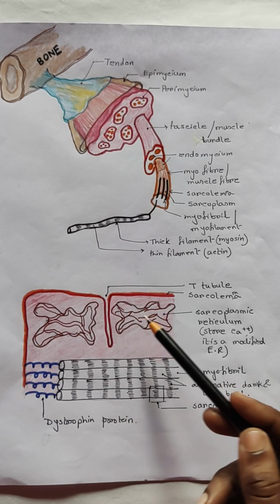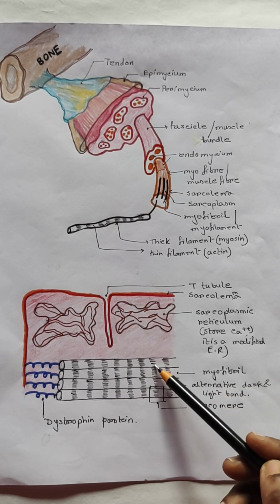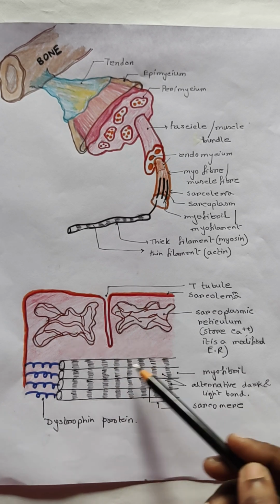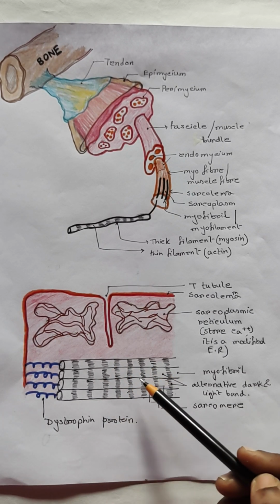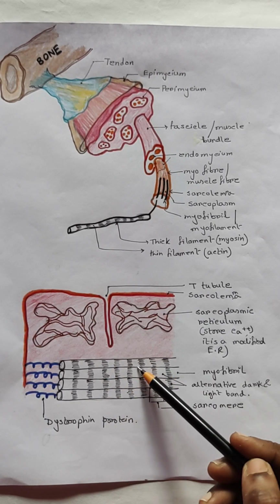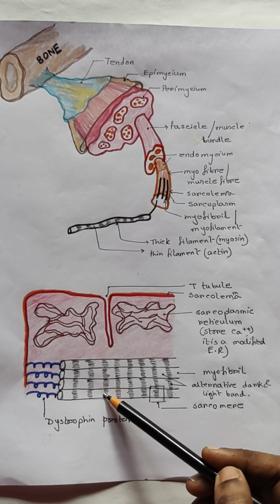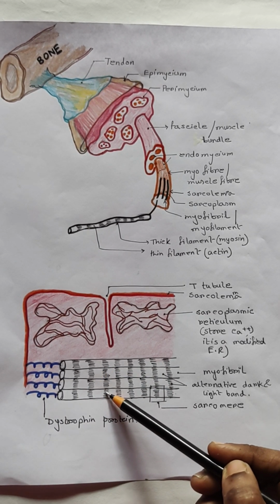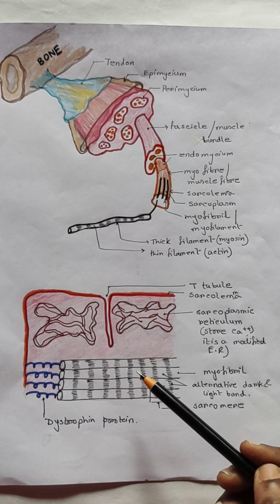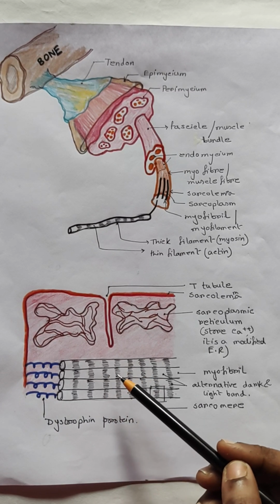Beneath this sarcoplasmic reticulum, there is a parallel bunch of myofibrils, with alternating dark and light bands. The dark bands of adjacent myofibrils lie side by side.